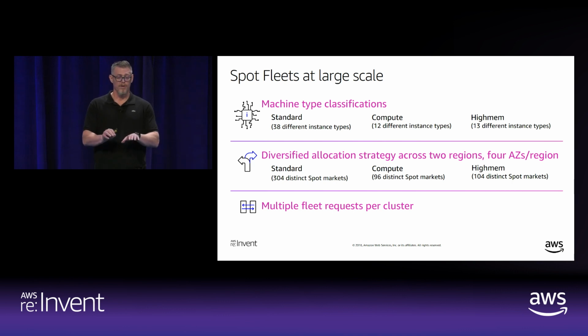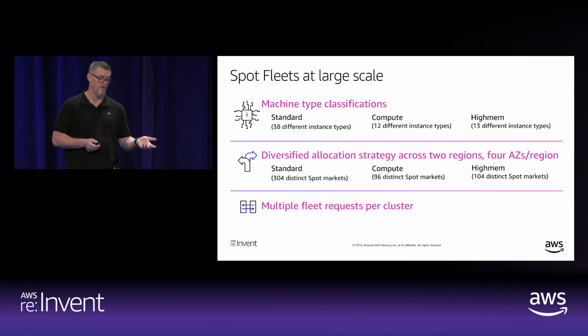So what we're doing here is abstracting away from our users the need to know anything about AWS instance types. They don't have to know how much memory is on which instance type and how many cores are on which machine type. They just need to tell us if their model is more sensitive to memory or more sensitive to compute, and we'll do all the work of building launch specs for them.